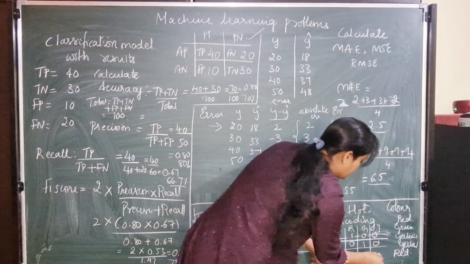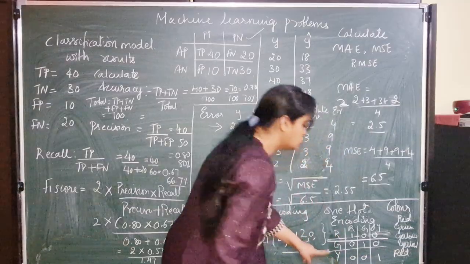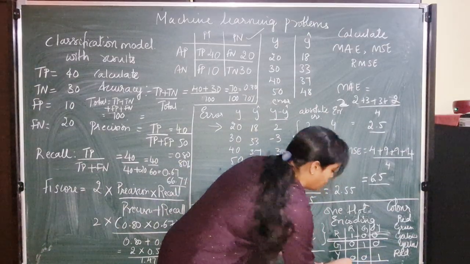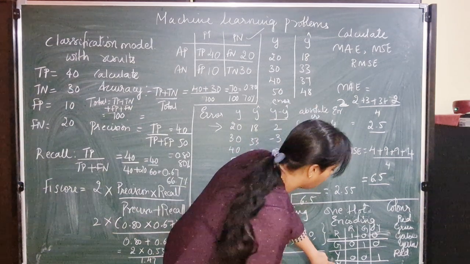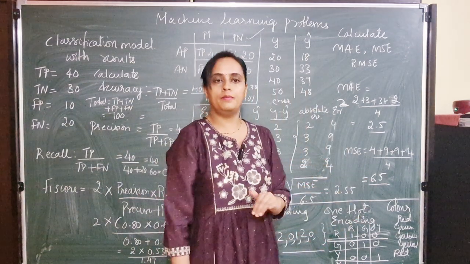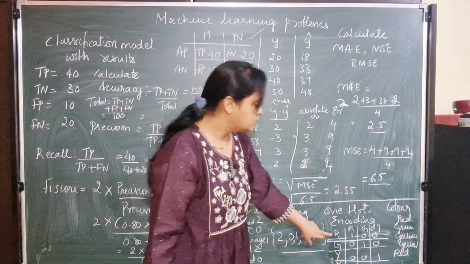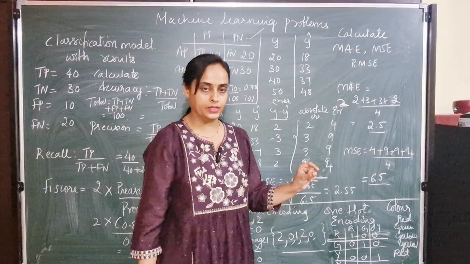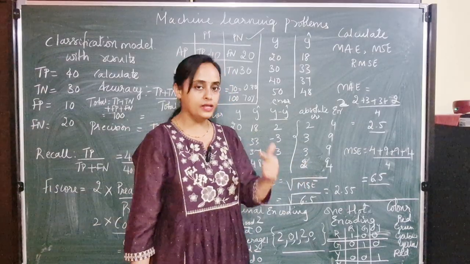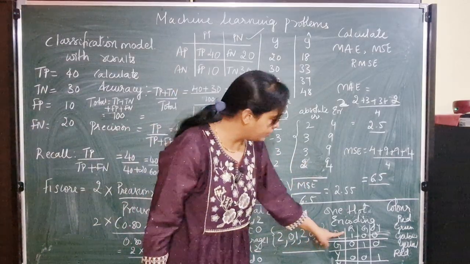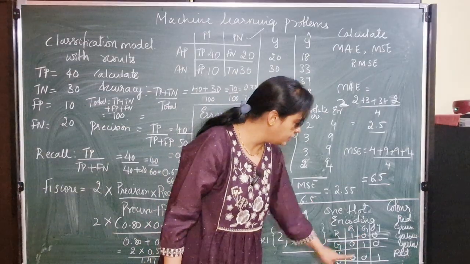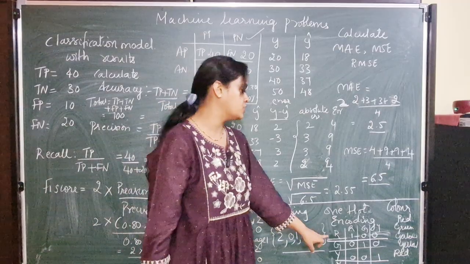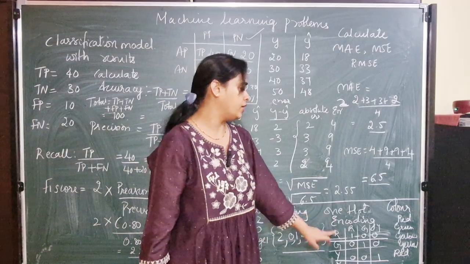When yellow is there, 1, the remaining are 0. Similarly, if yellow comes again, the binary column representation continues. This is how, identifying the unique categories, that is red, green, yellow, we use the binary representation for red, for green and for yellow. In this way, one hot encoding is done.